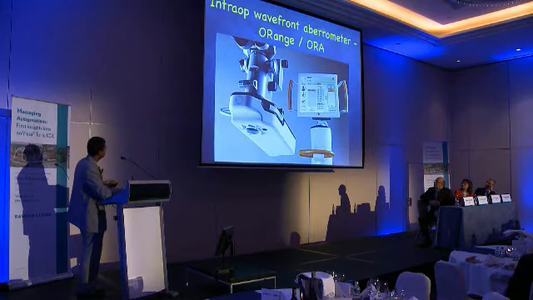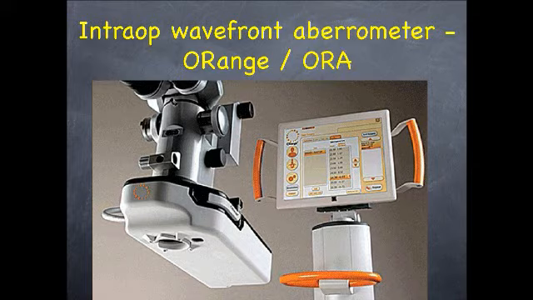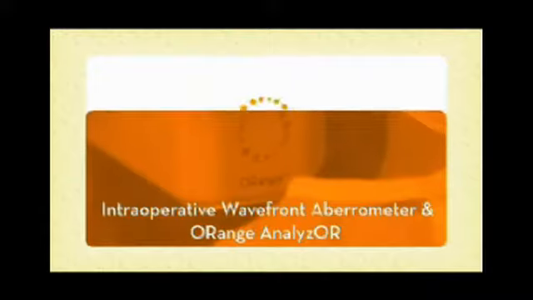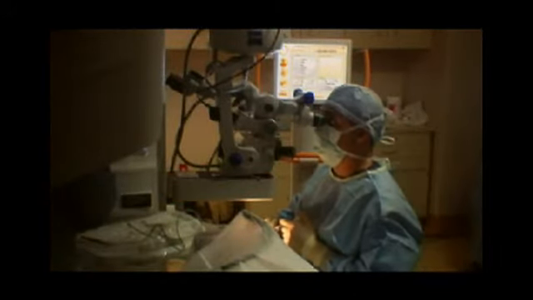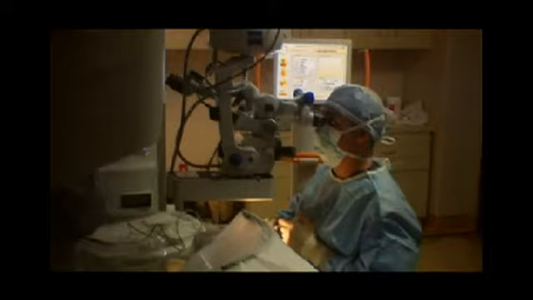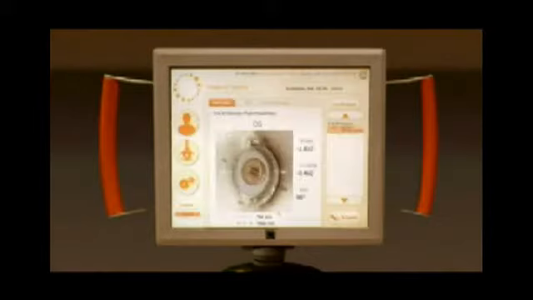Some fancy devices are also available in the market, one of which is an intraoperative wavefront aberrometer, the ORA wavefront aberrometer and analyzer. The system is comprised of an aberrometer that is attached directly to the surgical microscope and connected to the ORA processor and touchscreen monitor. During the procedure, the physician captures wavefront images of the patient's eye.